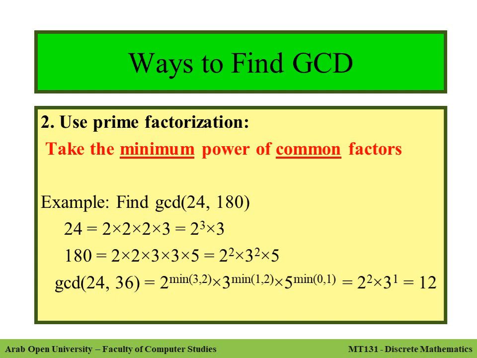For the 2, the minimum power is 2 squared. For 3, the minimum power is just 3, and that's it. There are no more common factors. So we take 2 squared times 3 to the 1, and that will give you 12. And that will be, of course, 12 is the greatest common divisor of 24 and 180.